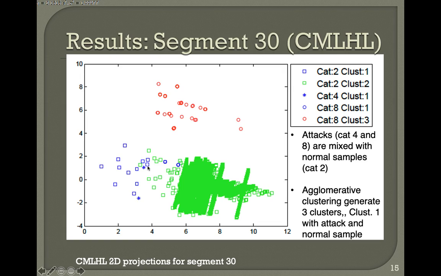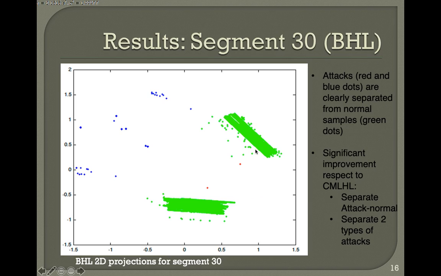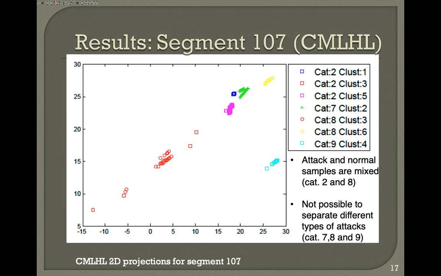For instance, in this case, we cannot separate the attack number 4 or this blue attack number 8 from the normal behavior, which is the green squares. So there are some parts of the dataset which are mixed in the final projection. However, in case of beta Hebbian learning projection, we clearly separate the normal behavior, the green dots, from the attack number 1 and the attack number 2, which has the red dots. So in this case, there is an improvement with respect to the previous method.